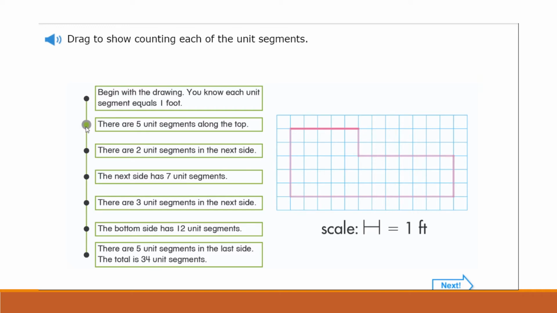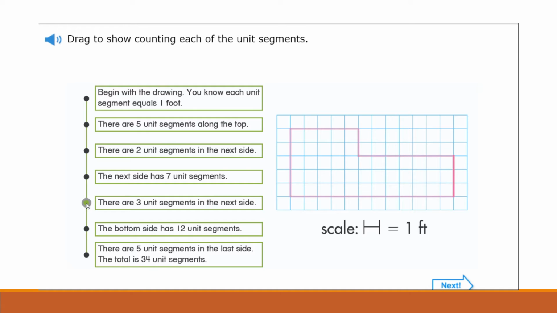And then you count the 2 unit segments right here on this side. And then you're just going around. The next side has 7 unit segments. 2, 3, 4, 5, 6, 7. Then there are 3 unit segments on the next side, all the way across the bottom.